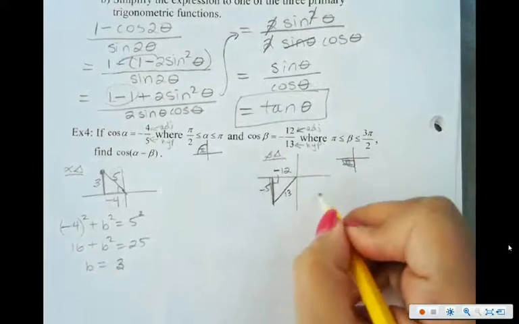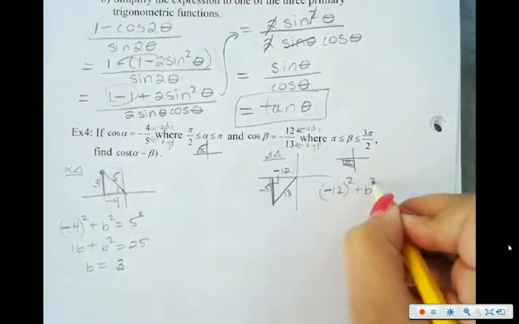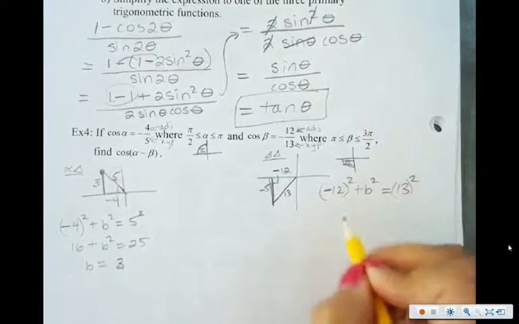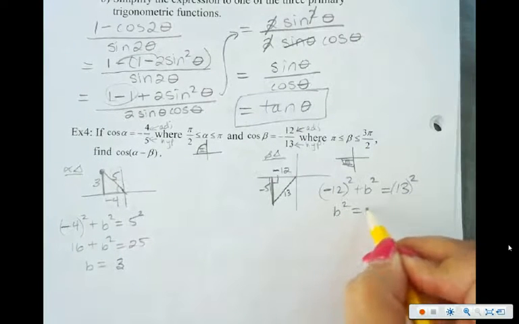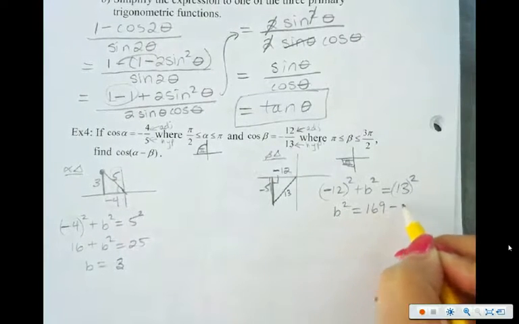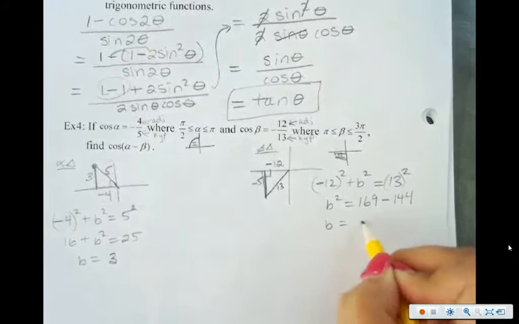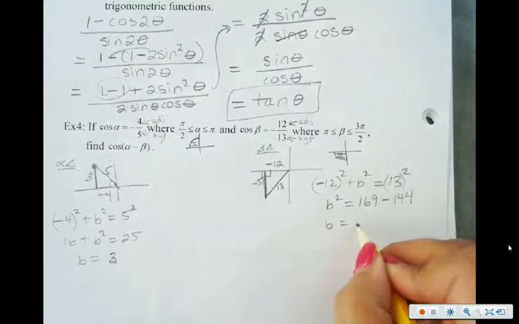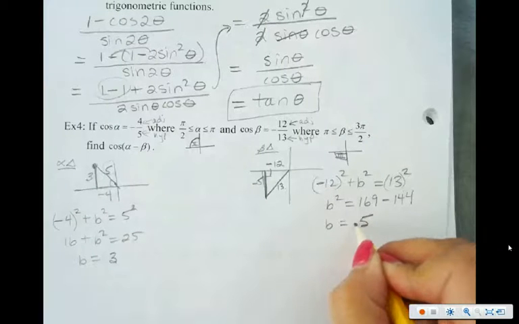Okay, let's work it out. So -12 squared plus b squared equals 13 squared. Then I get b squared equals 169 minus 144, which is 25. The square root of 25 is 5, and it's negative.